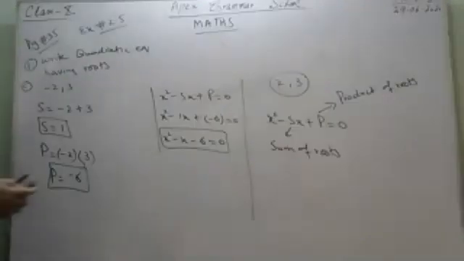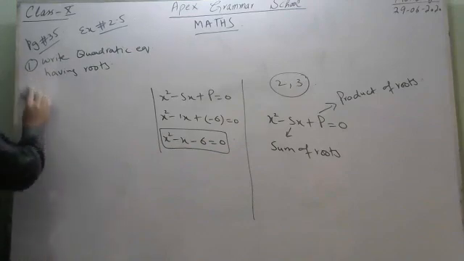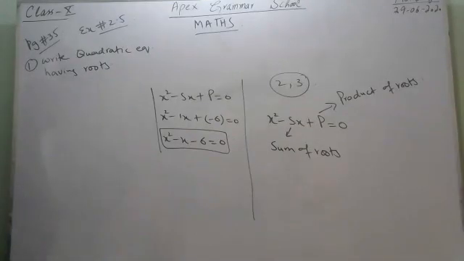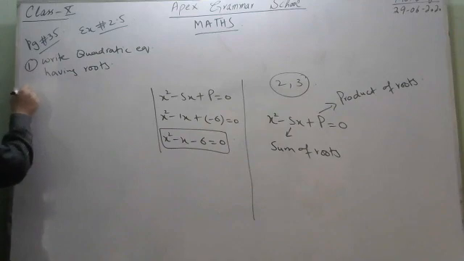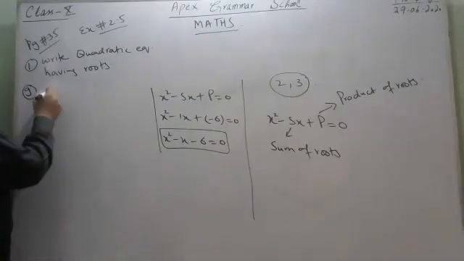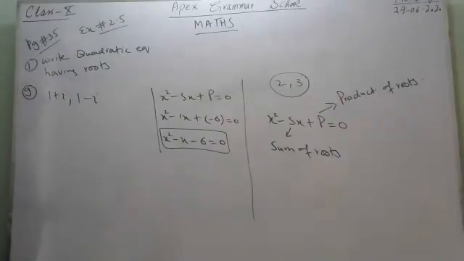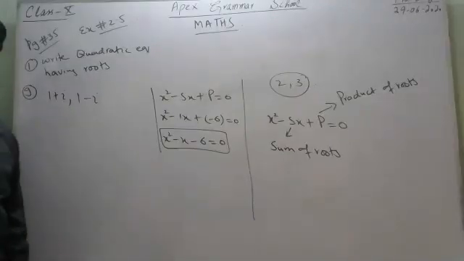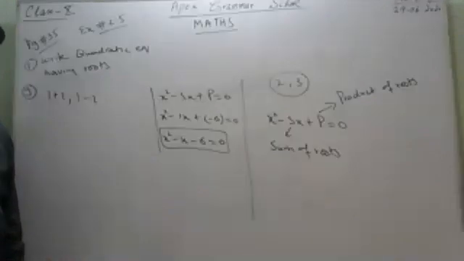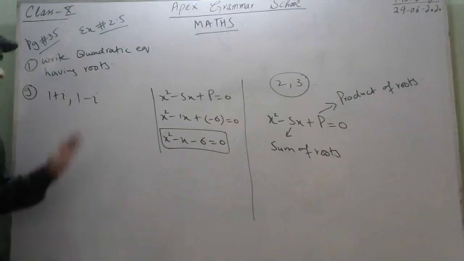Part G is 1 plus iota and 1 minus iota. This iota is the same one that you have already done in class 9: what is iota, what are the conditions, what are the formulas of iota, and that's it.